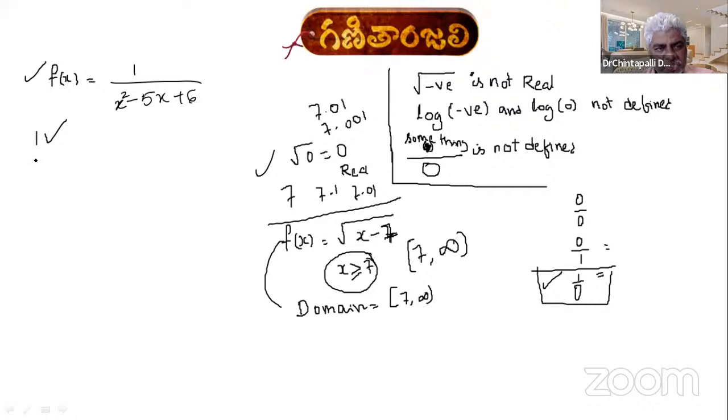Check whether 2 is accepted or not. Four minus 10 plus 6 gives 0. No, sir, 2 is not accepted.